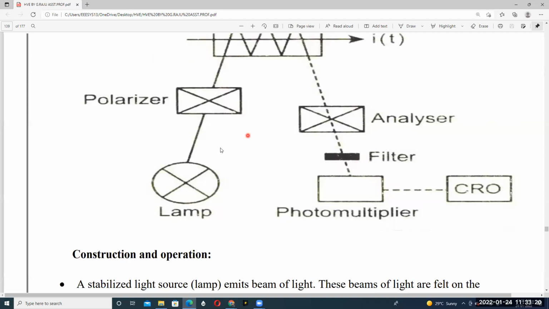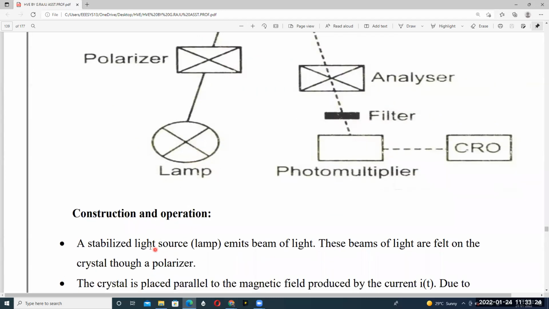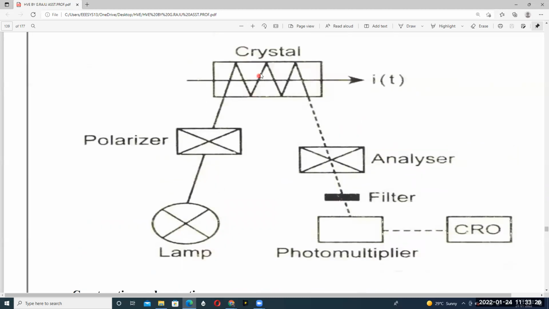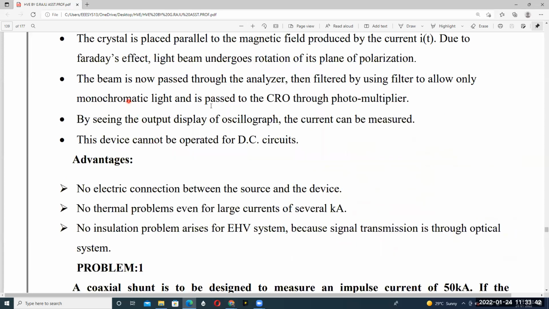Simple concept: we apply the light source through a polarizer to the crystal. The reflected beam of light passes through an analyzer and filter to the photomultiplier. The filter allows only monochromatic light, and by using the CRO we measure very high values of current and also the waveform.